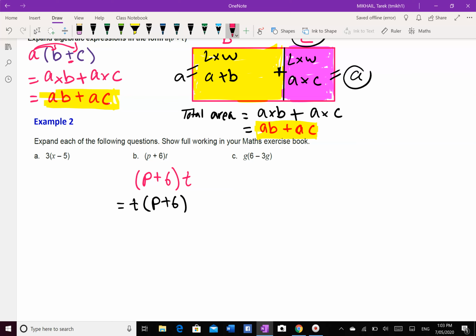So I will do the same distribution. t goes to p and t goes to 6.